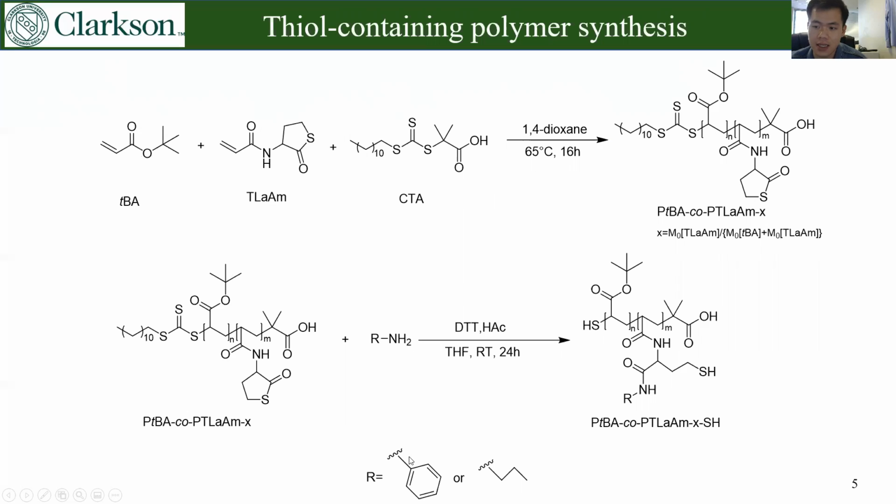In today's case, I'm going to use benzylamine or propylamine to ring-open the thiolactone ring, so in the end we can achieve the polythiol. One more interesting part is that once these copolymers react with primary amine, the amine also removes one end of the RAFT agent, so the trithiocarbonate gets removed and remains as a thiol.